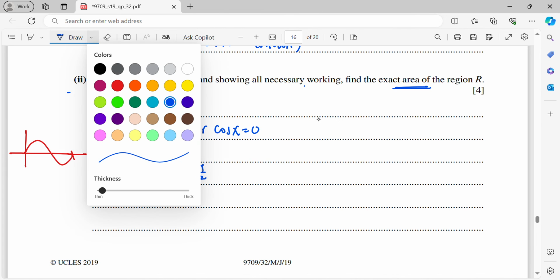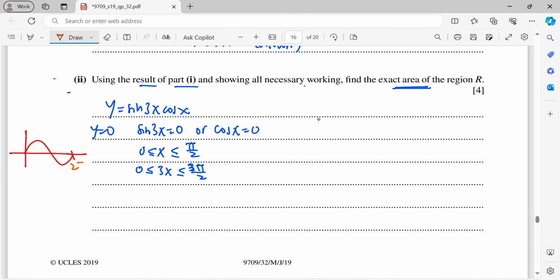When you look at the sine graph, here is 2 pi, this is pi, here is half pi, and this is 3 over 2 pi. Now, when the graph is 0, that means it will be at 0, pi and 2 pi.